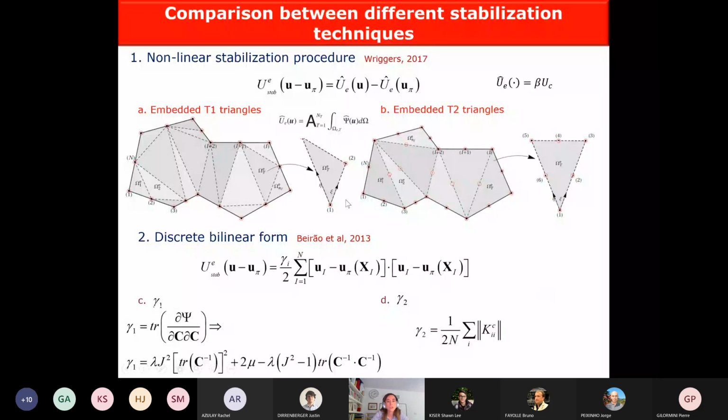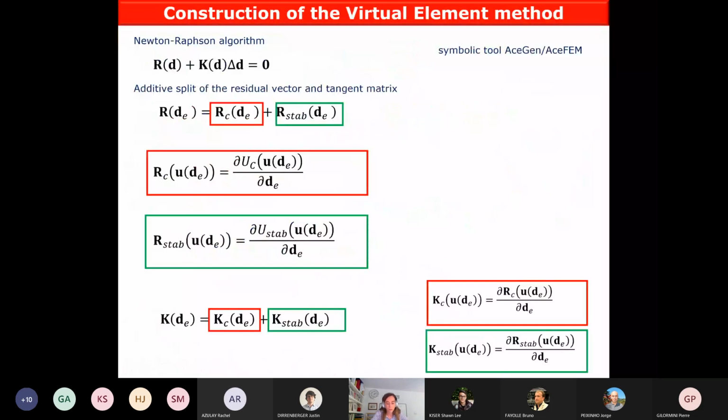So I first show you, no, sorry, there is the last part. The global equilibrium is achieved by minimizing the potential energy. And using a standard Newton-Raphson algorithm, we can define the residual vector, the stiffness matrix, the tangent matrix.